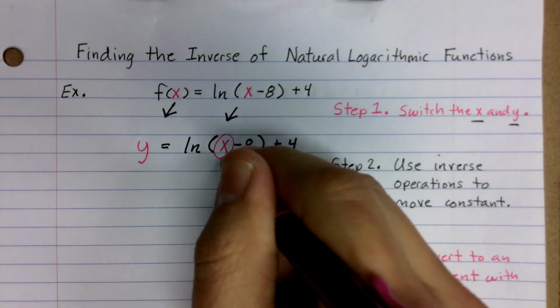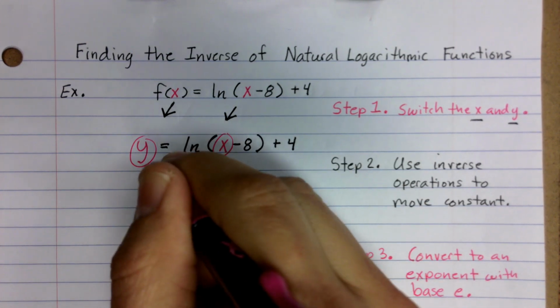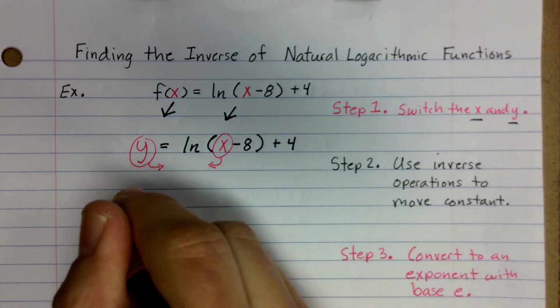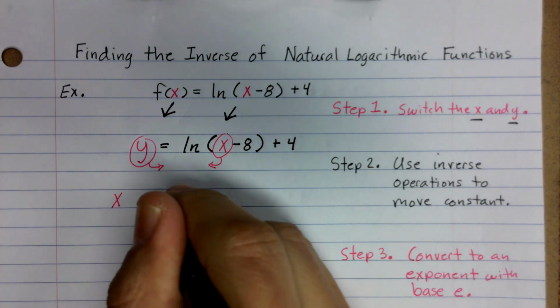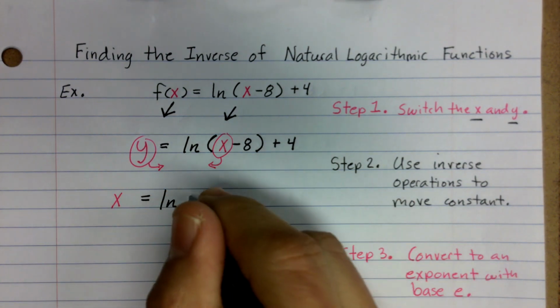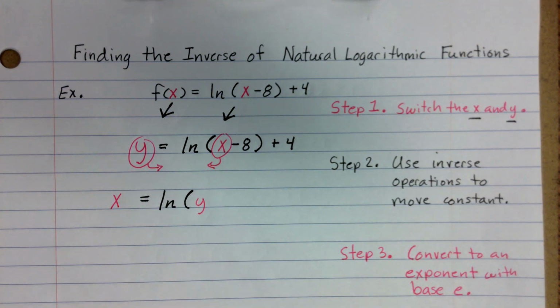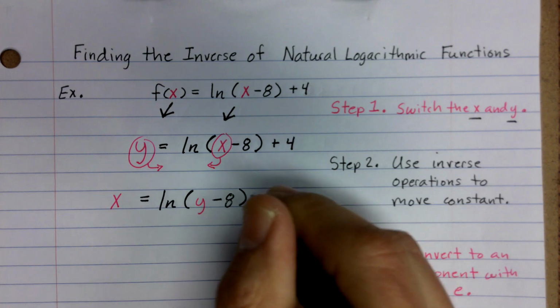And remember, x is simply just going to move over to the left and take the place of y, and y is going to move over to the right and take the place of x. Therefore, when I rewrite this, it's simply going to be x is equal to ln times y minus 8 plus 4.